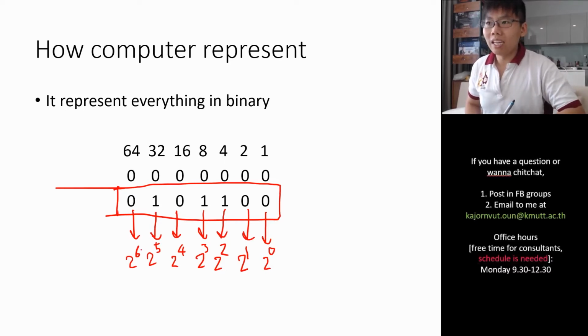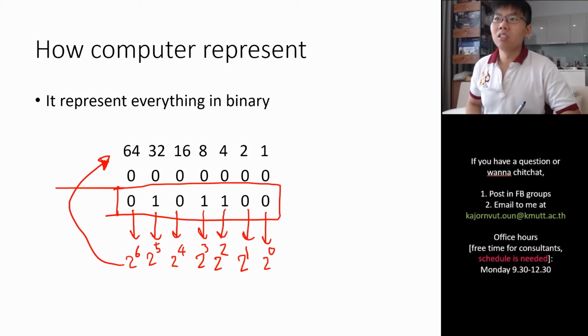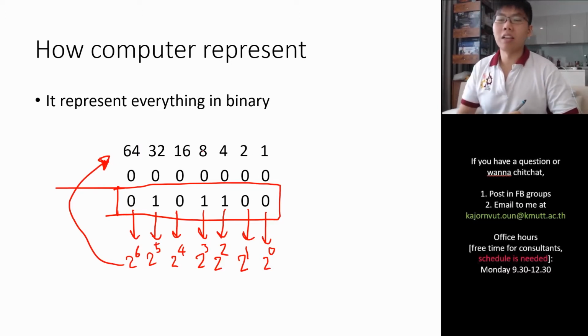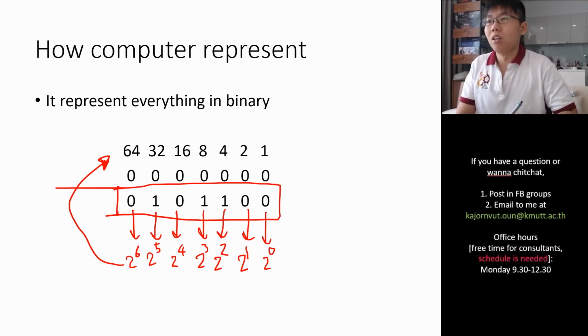So when I translate it back to simple numbers that you can understand in the 10-digit system, what they do is multiply 0 or 1 with the value of that digit.